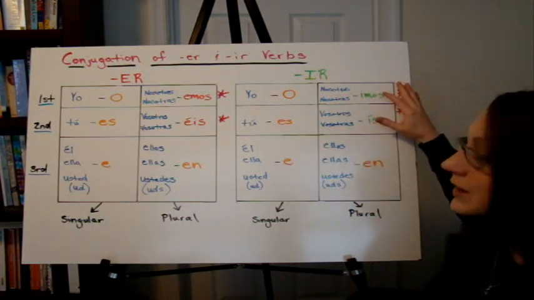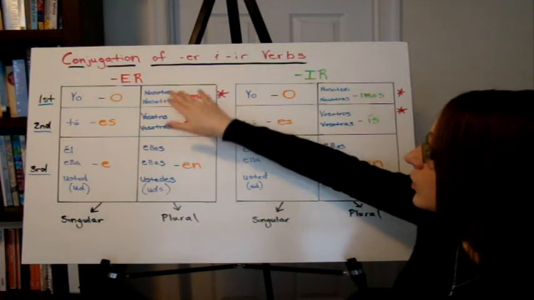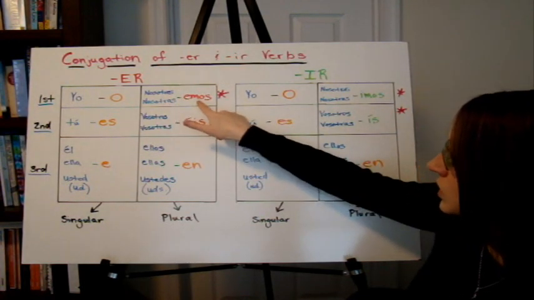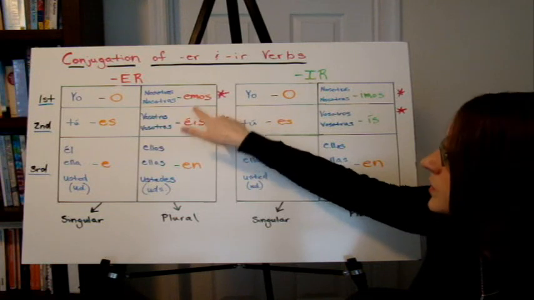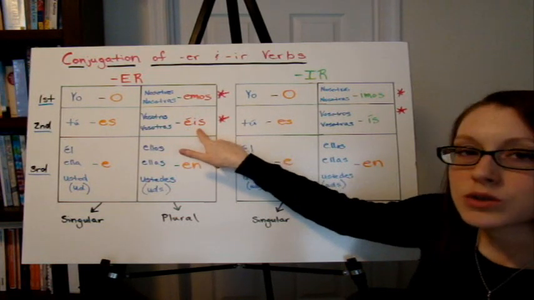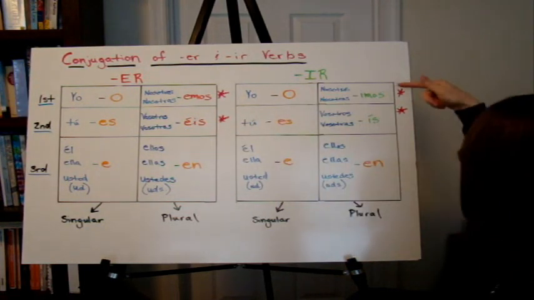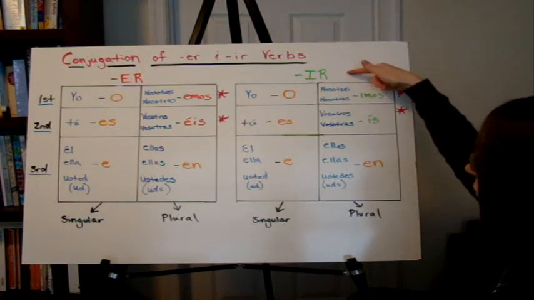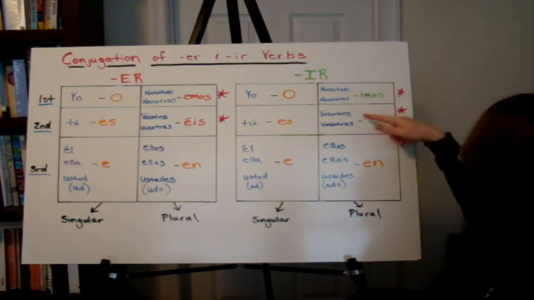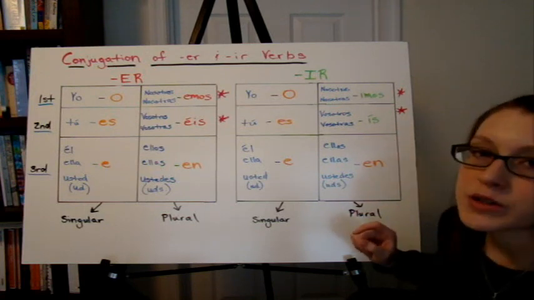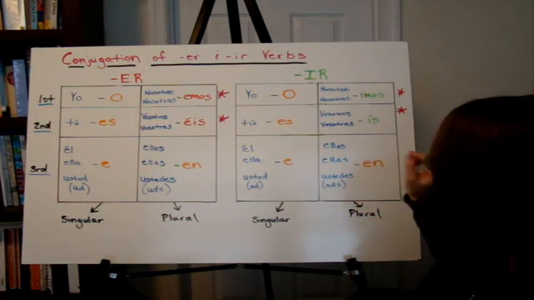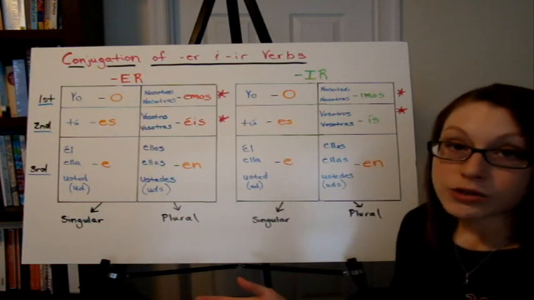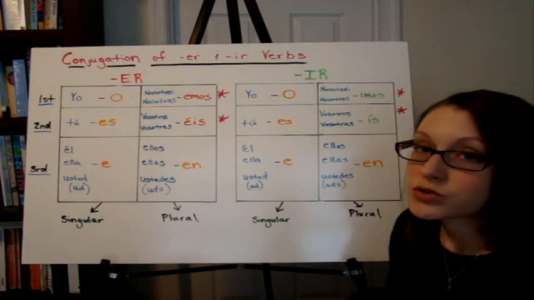We're going to leave it an I. So ER verb would be nosotros, and then the ending is emos. For the vosotros form, it's going to be éis. For nosotros, for IR verbs, it's going to be imos with the I, and vosotros and vosotras is going to be ís.